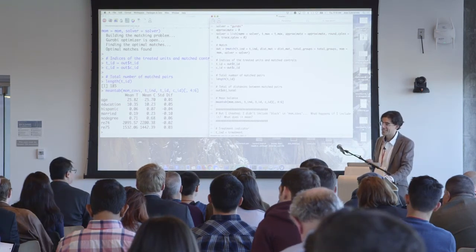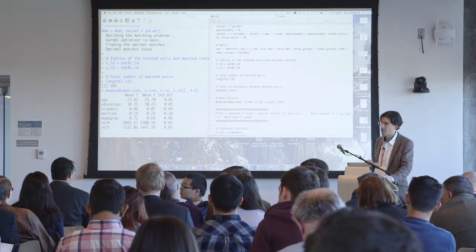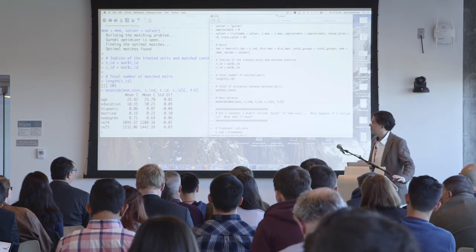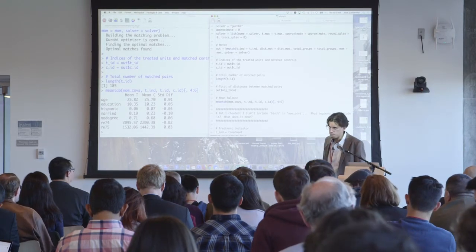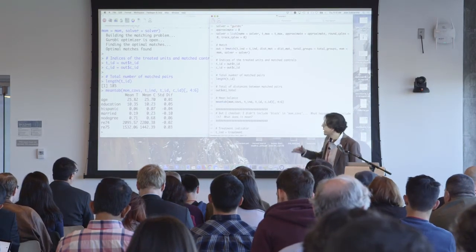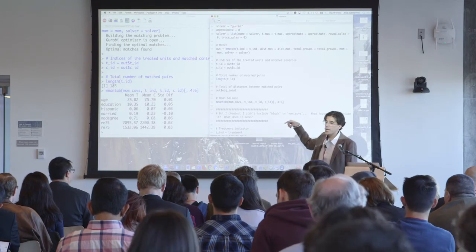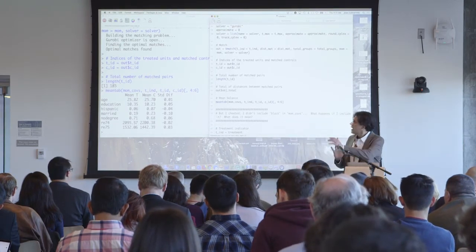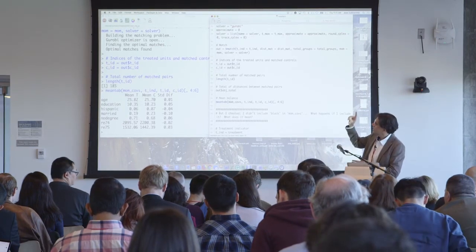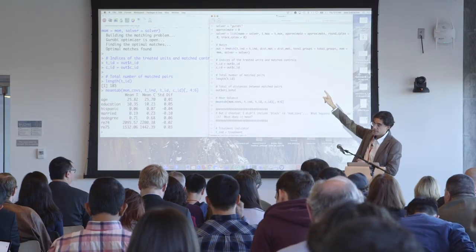Yes? What's the computational power required? Okay, this is a really good question. The question is about how expensive it is to run this algorithm, in general. It depends a lot on the solver that you're using.